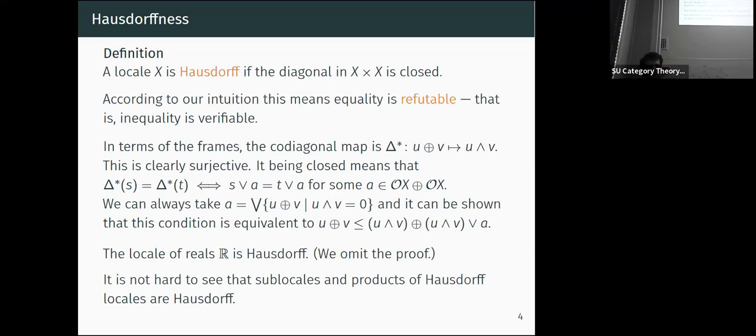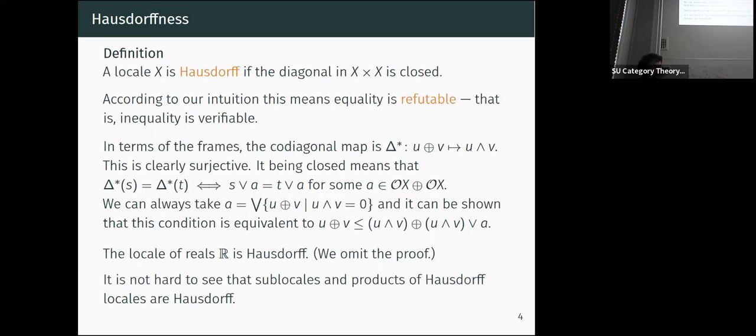If you care about relating this back to the spatial notion of Hausdorffness, if you have a topological space, and let's say it's sober, so the locale knows everything about it, and you say that the locale you get from it is Hausdorff, that means the topological space is Hausdorff.